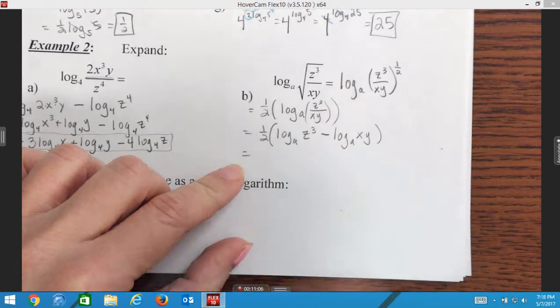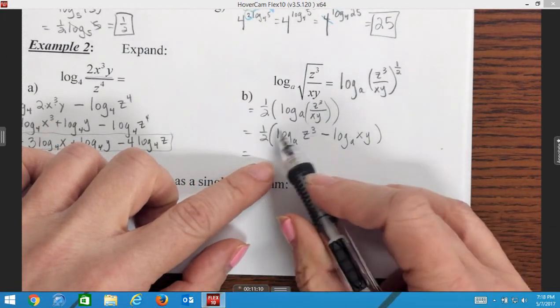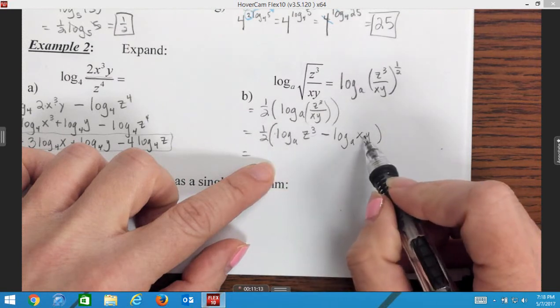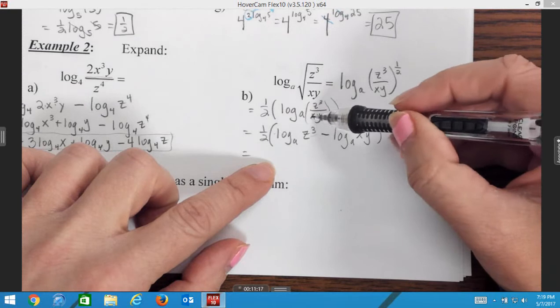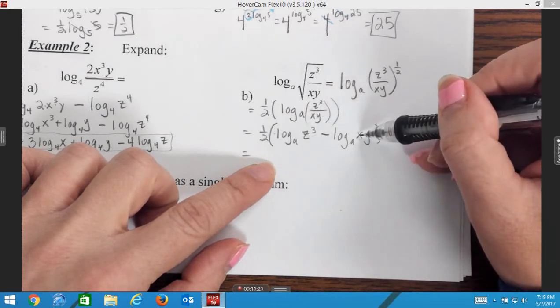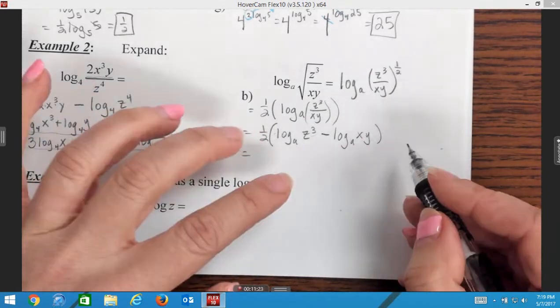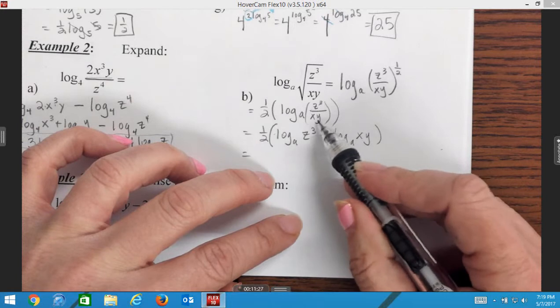From there, I can move this 3 to the front. But over here, I have to separate this x and the y. What we really have to pay attention to is that x and y are both under a division symbol. So both x and y, I might separate it to be plus, but both of them are being subtracted. So I'm just going to keep that in mind when I rewrite it.